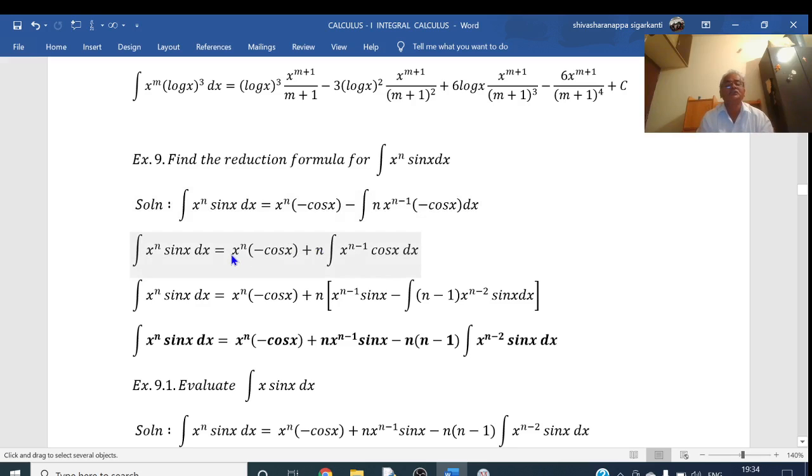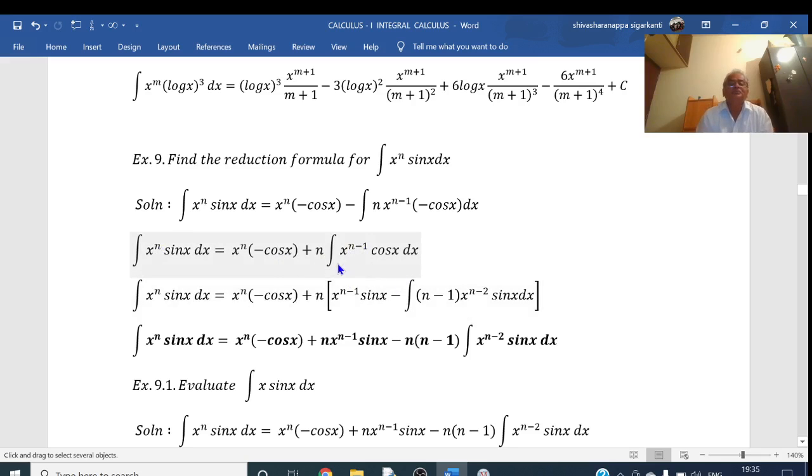So this is equal to x power of n into minus cos x plus n into x power of n minus 1 into cos x dx. So x power of n reduces to x power of n minus 1.